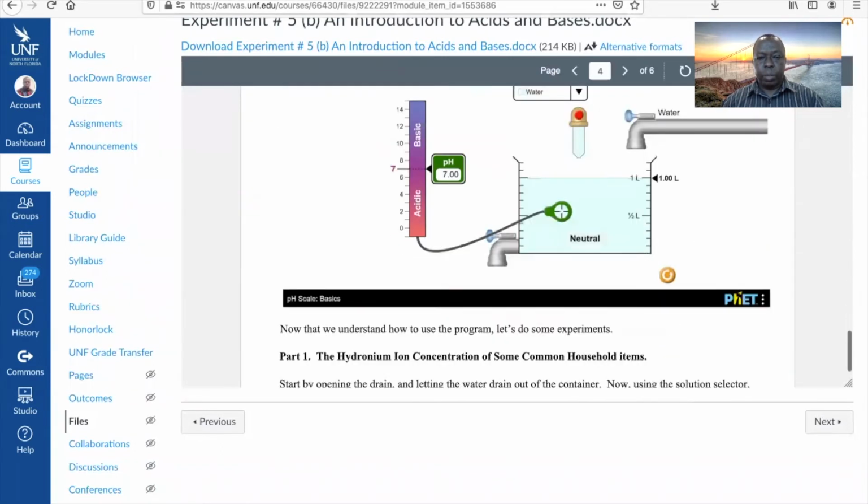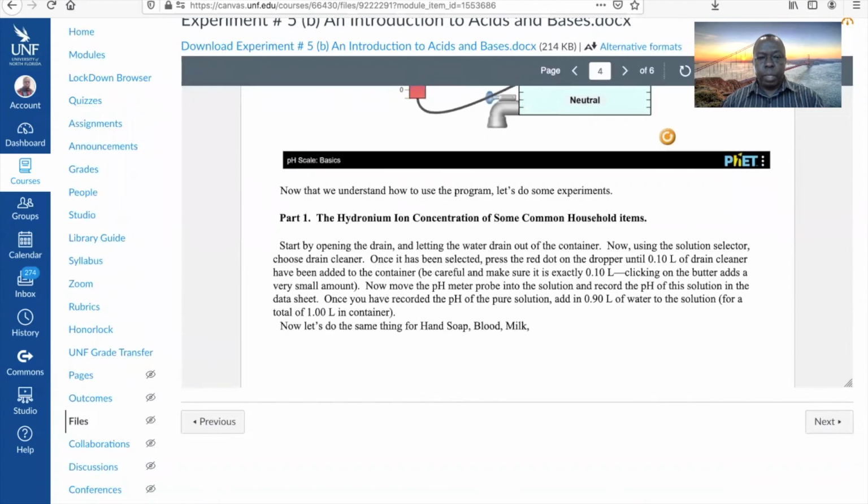Part one here is the hydrogen ion concentration for some common household items. So you'll start by adding 0.1.